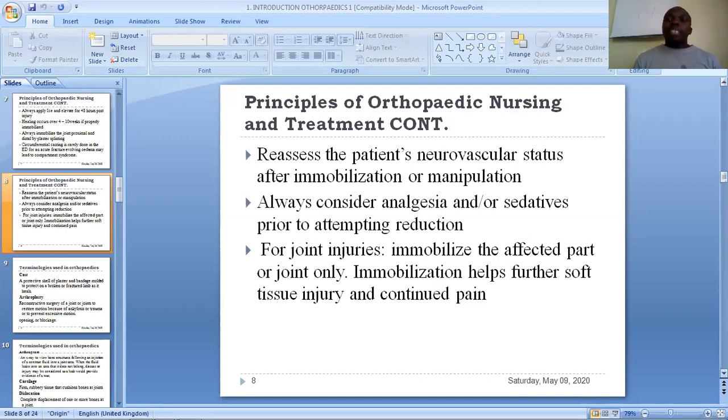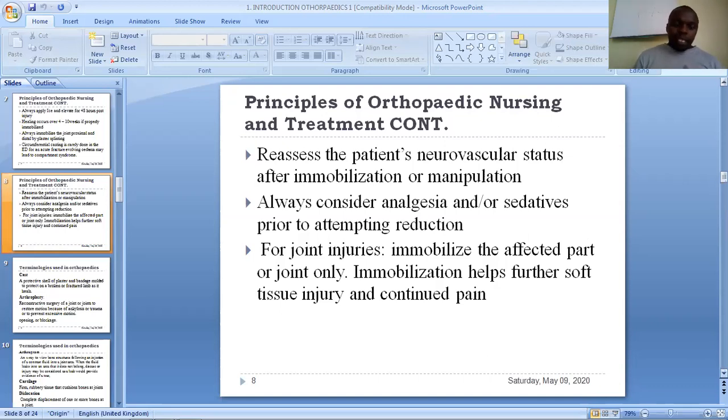It means you have actually reduced that part. So now, before you do that, because of the pain that is present as you try to work on that, you have to consider giving analgesics to the client or a sedative, so that as you manipulate the affected limb, they don't feel much pain.